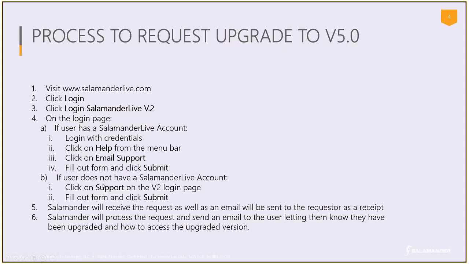In the form itself, put that you're looking to request the upgrade for RapidTag version 5, and then click Submit. If you don't have a Salamander Live account, just click on Support. There's a little link on there; fill out the form and click Submit. I'm going to pull that up real quick so you can see how it looks.